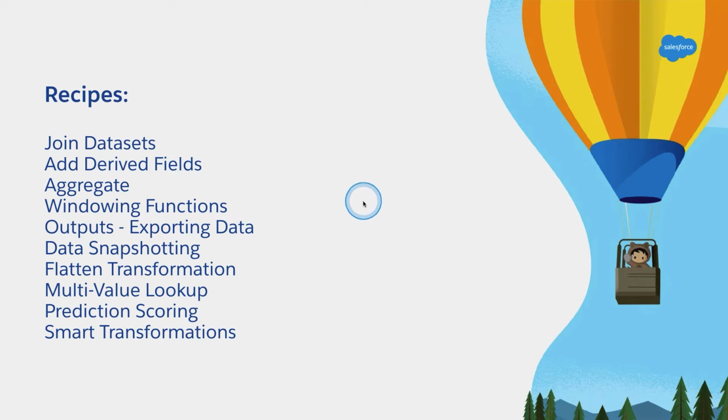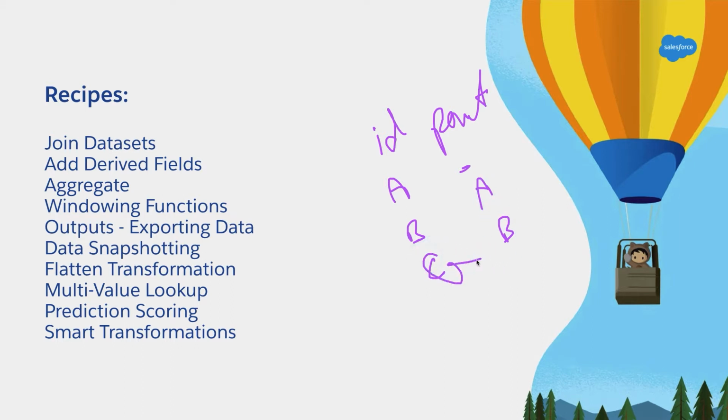Now, for the flatten transformation, just a quick reminder, what it does is it takes the ID, if you have an ID and parent ID, and let's say A rolls up to no one, B rolls up to A, and C rolls up to B. What we're trying to do is find that path.